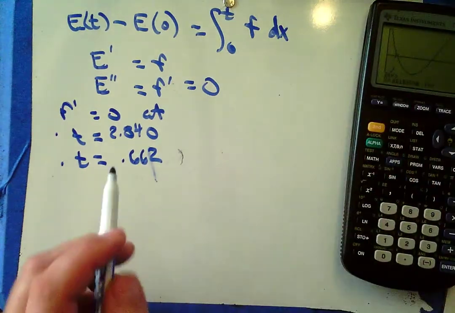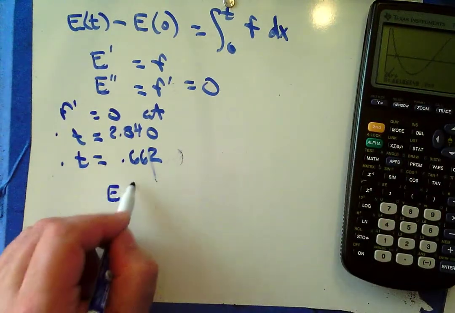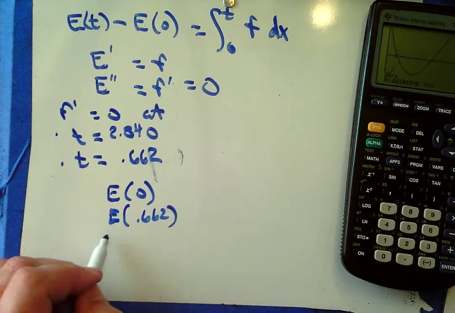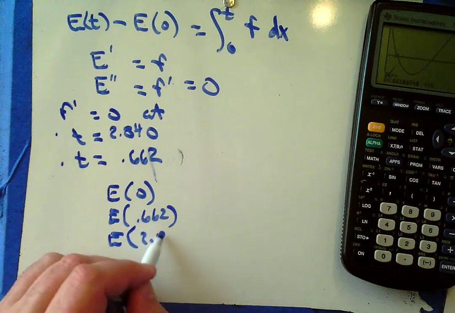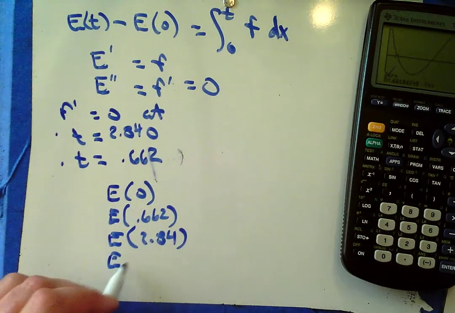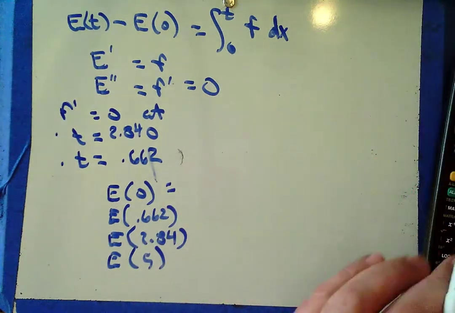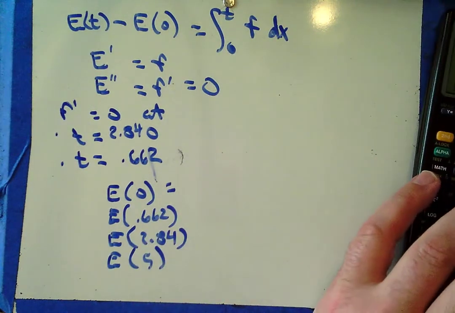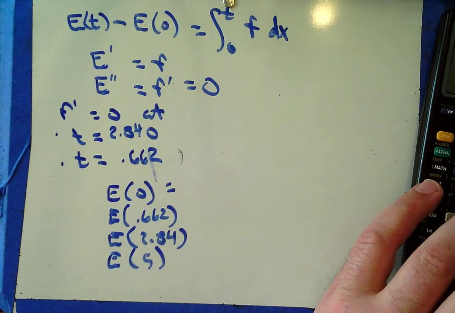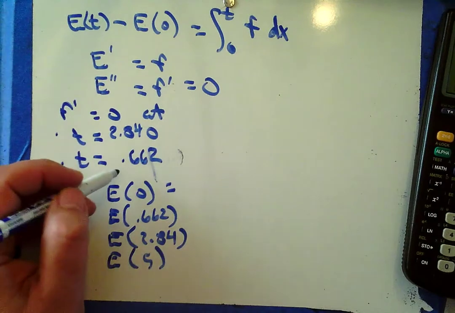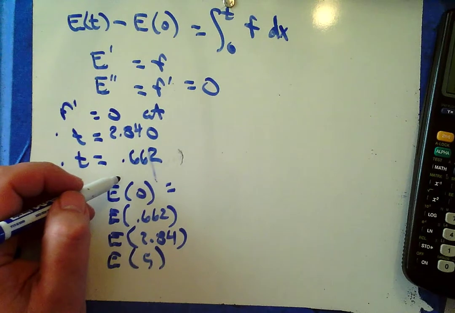Okay, so I've got some values. I want e of 0, e of 0.662, e of 2.84, and e of 5. Okay, so what was the distance at time equal to 0? Oh, but these are f primes. Yeah, so I want change.